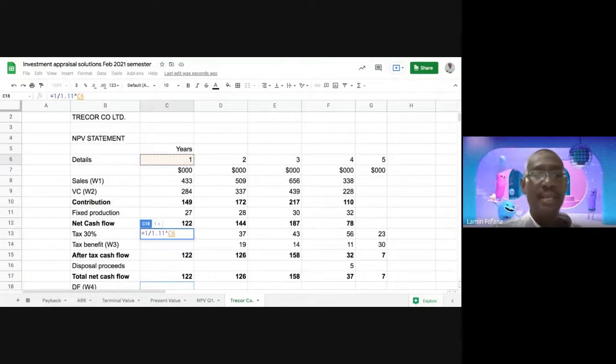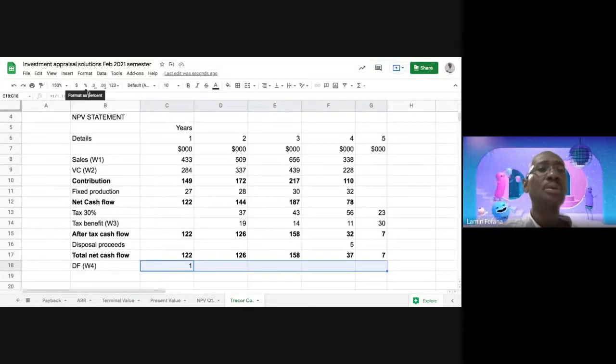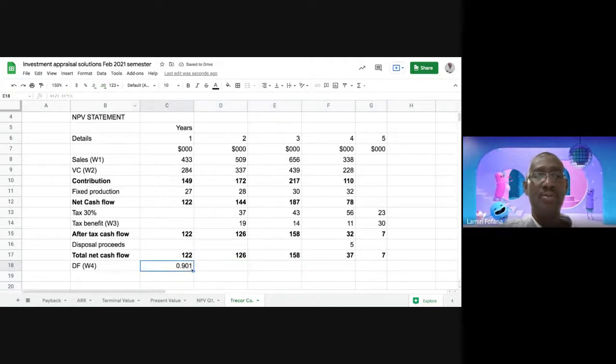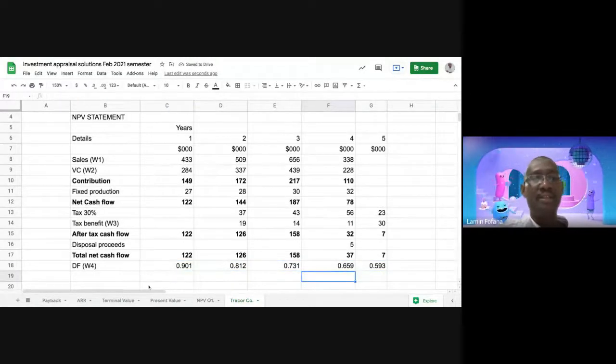Then enter. I'll take this to 3 decimal places. Now we can just duplicate. This is faster.